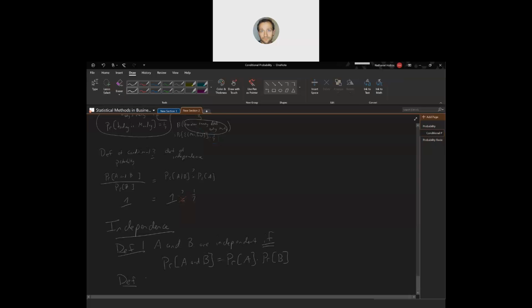The second definition: A and B are independent, again, if the probability of A given B is equal to the probability of A. So somebody telling you that B is true doesn't change your belief about the probability of A being true.